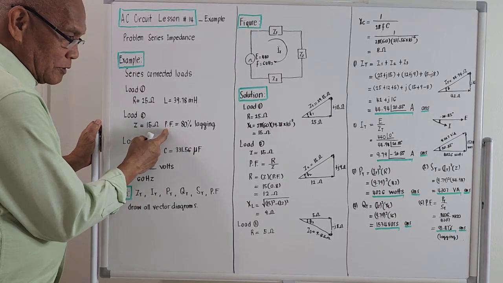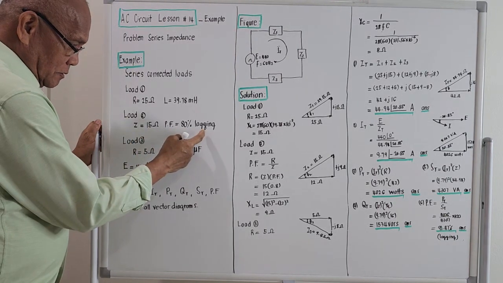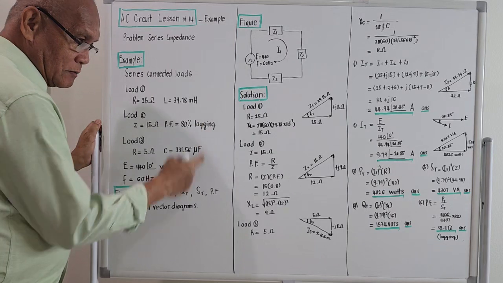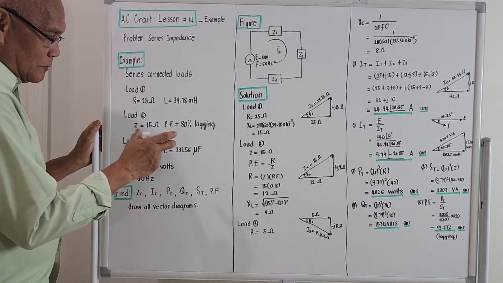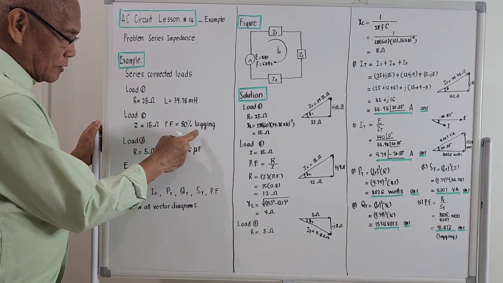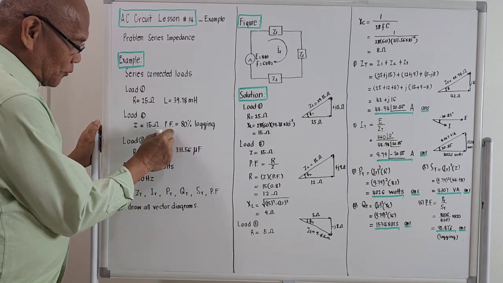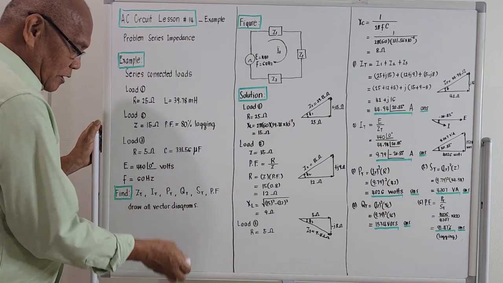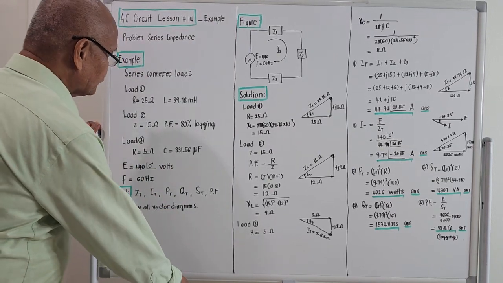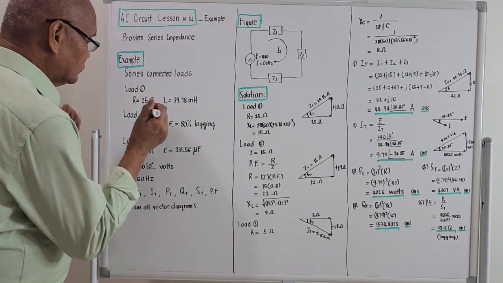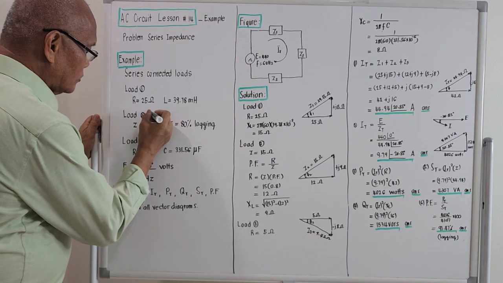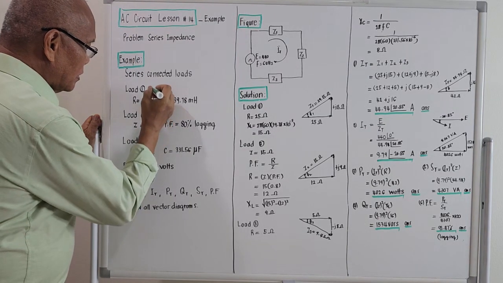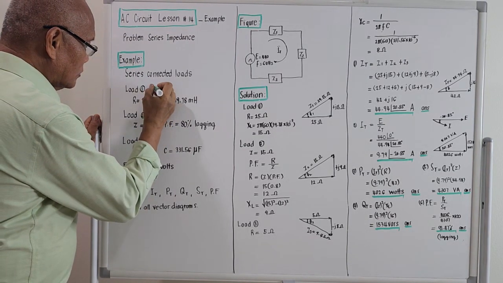The power factor is 80% and it is lagging. From the description of the power factor, load number 2 is also a motor load, and this is also a motor load.